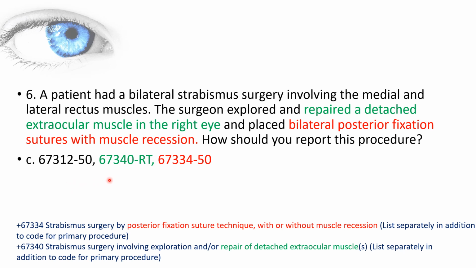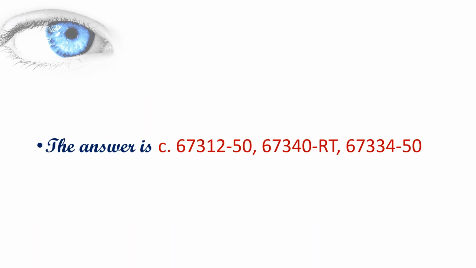Strabismus surgery involving exploration, repair of detached extraocular muscle. So we can find there is a repair of detached extraocular muscle in the right eye. So as it is bilateral, we put modifier 50. RT means right. Answer is C. 67312 50, 67340 RT, 67334 50.